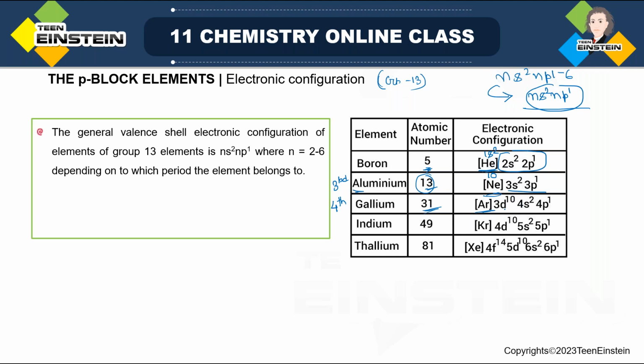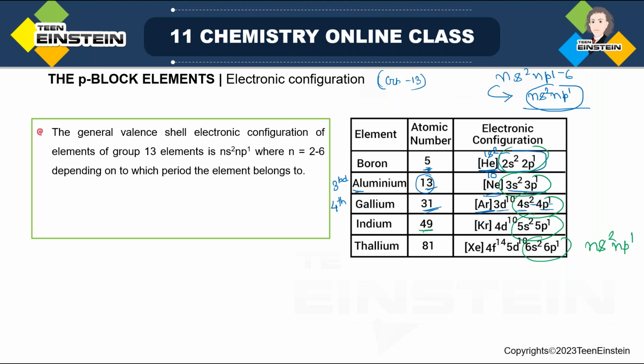So 13 electrons, according to energy, first 3d will be filled, 3d10, then 3 more electrons here. So it is always better you write it in this way. But if we focus only on this part, then it is always ns2, np1.